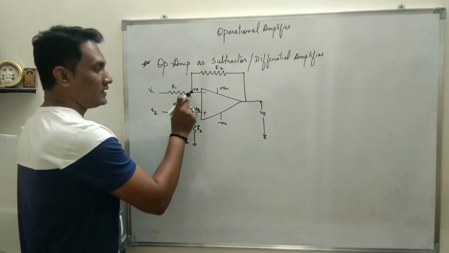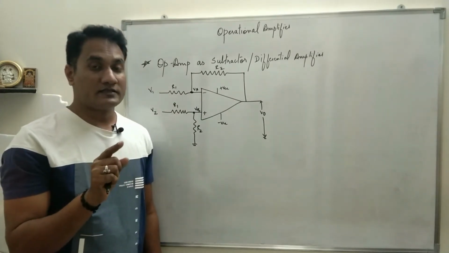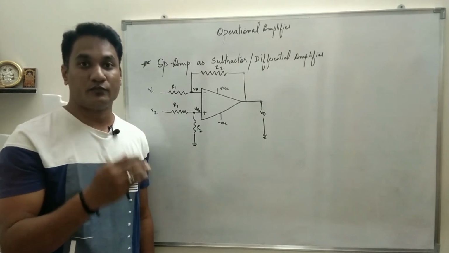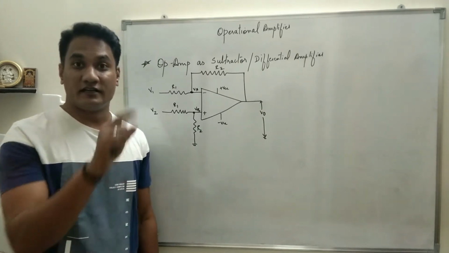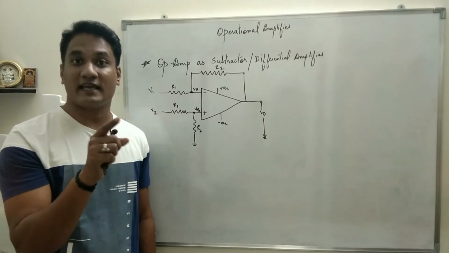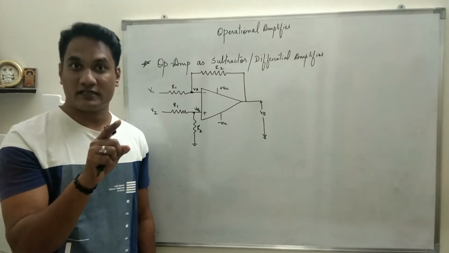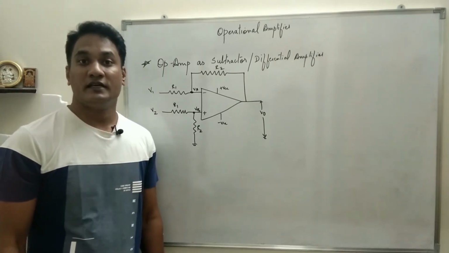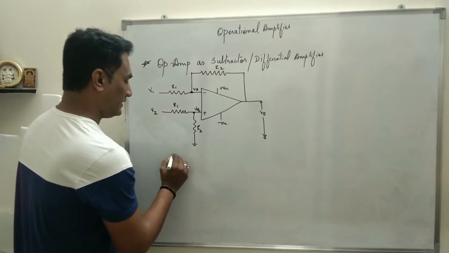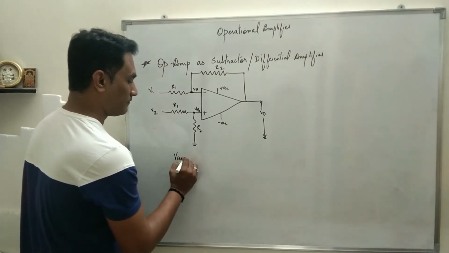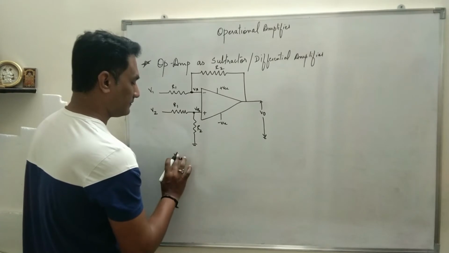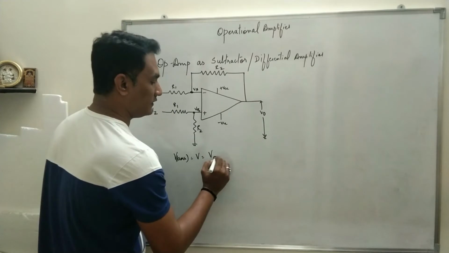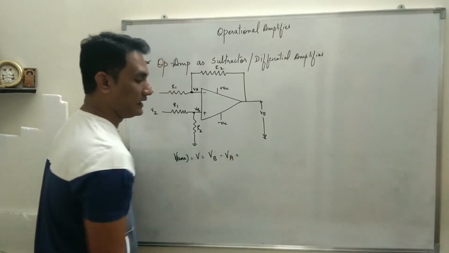and VB. Now what happens in the differential amplifier, when you give two different inputs to the two different terminals, the difference of the two is called the error voltage, right? And at that point the gain is infinite, therefore the difference between the two will be 0. So we say V error equals VB minus VA, right?